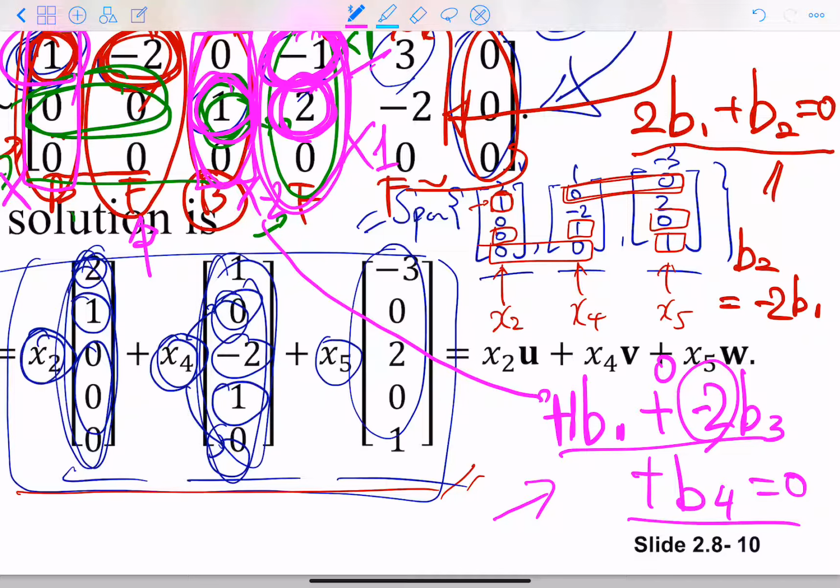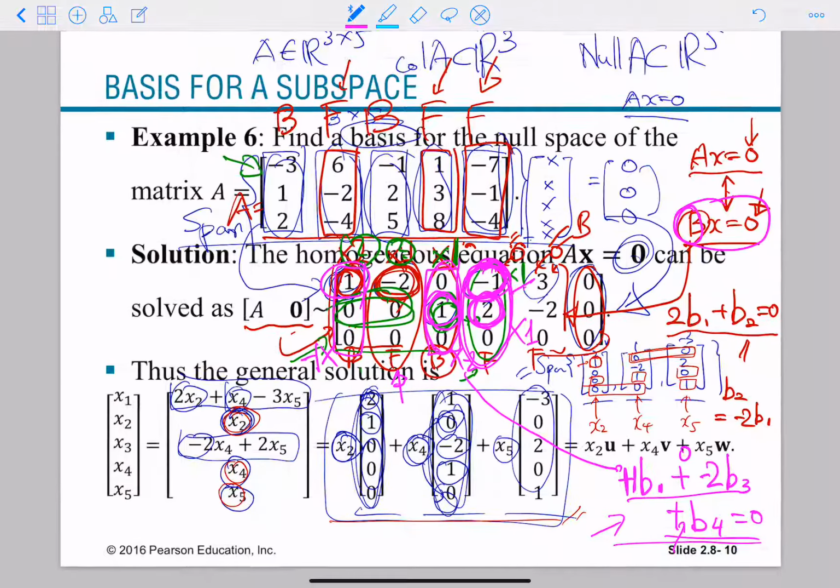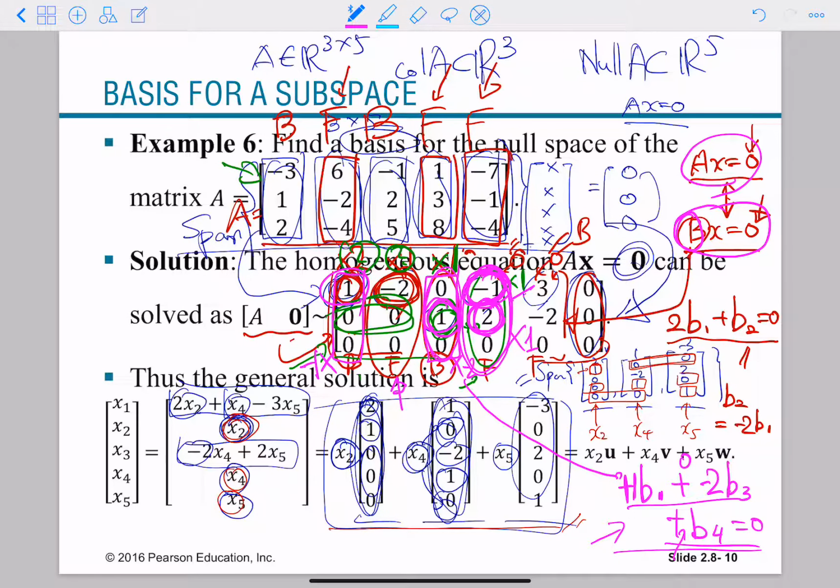And -2 for b3, and 1 for b4, and 0 for b5. So that linear combination coefficient corresponding to the columns of B satisfies our homogeneous linear system, right? And that linear combination coefficient will also be the solution for AX is equal to 0.